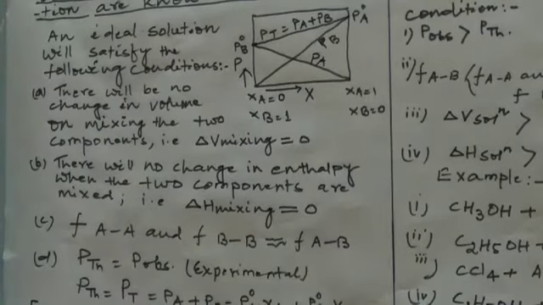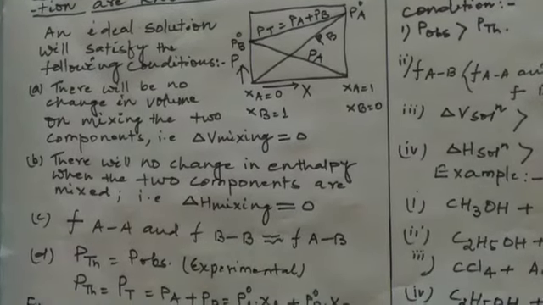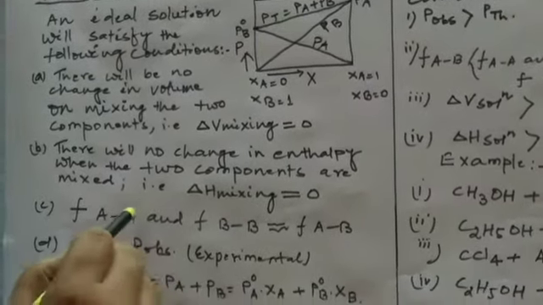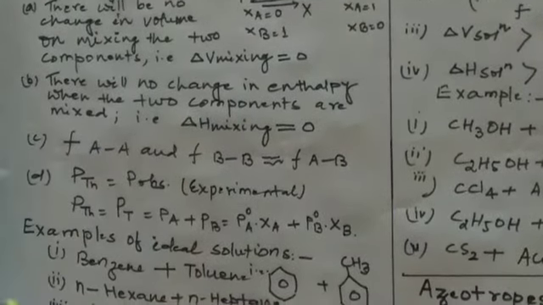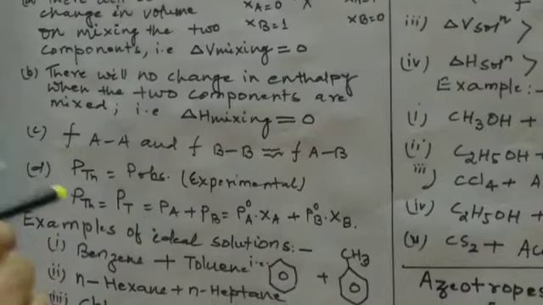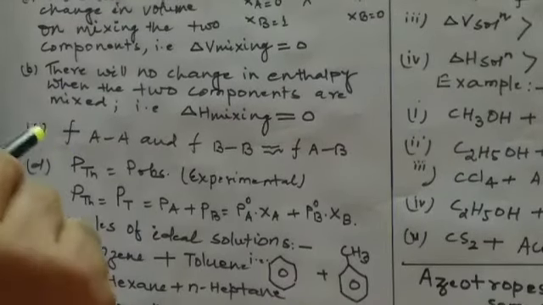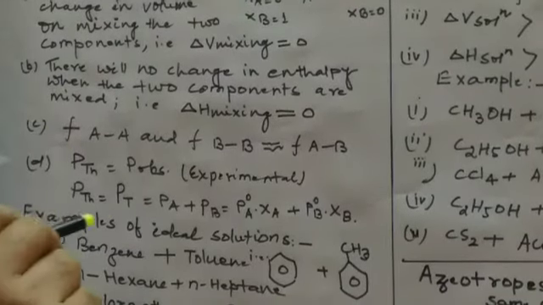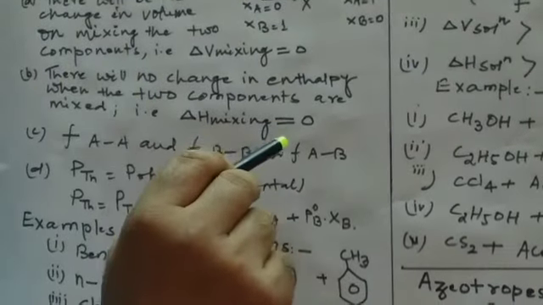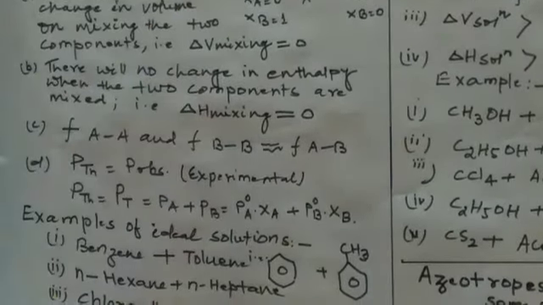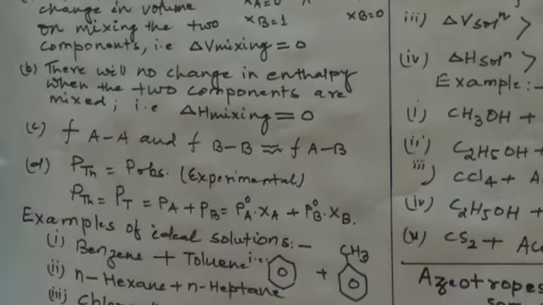Then it is said to be an ideal solution. Condition number 2, there will be no change in enthalpy when the two components are mixed. What happens when the two components are mixed? The interaction between the A and A particles undergoes dissociation, and it absorbs energy in that case.